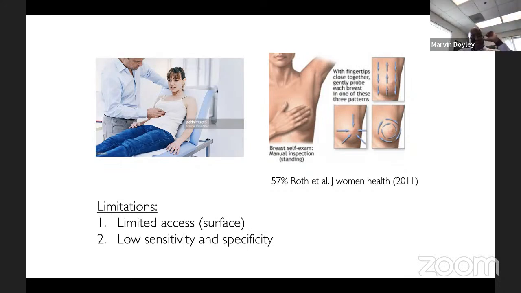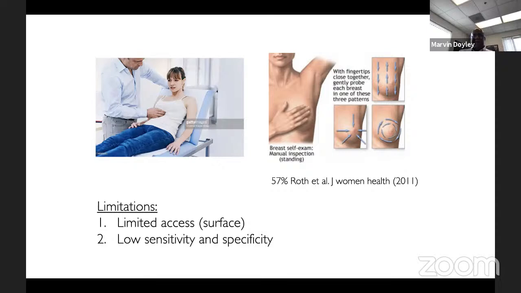you won't be able to sense those with your fingers. And the second thing is a lot of the time when you detect these tumors or abnormalities, they're very, very stiff, and it's very hard to detect tumors which have just a subtle difference in stiffness.